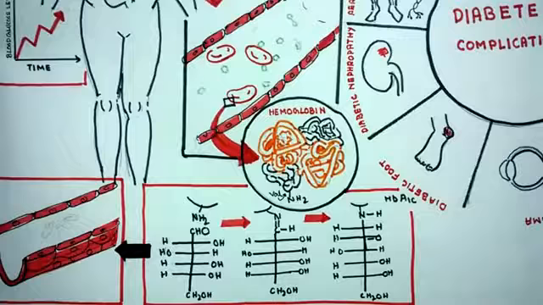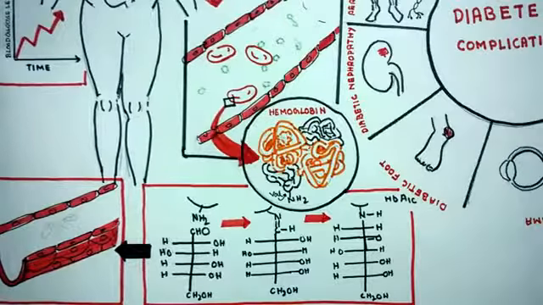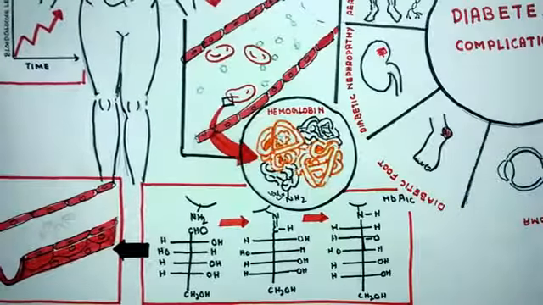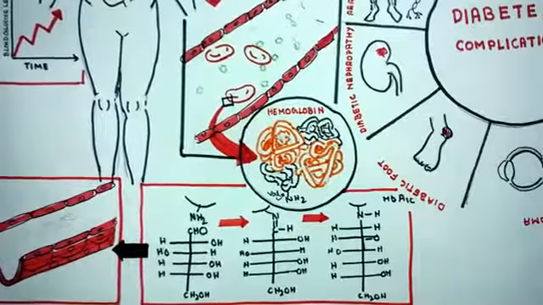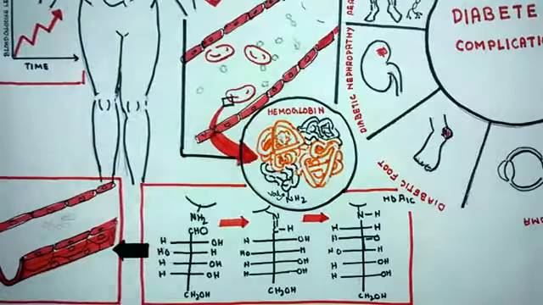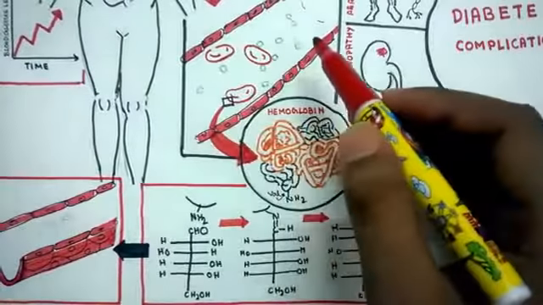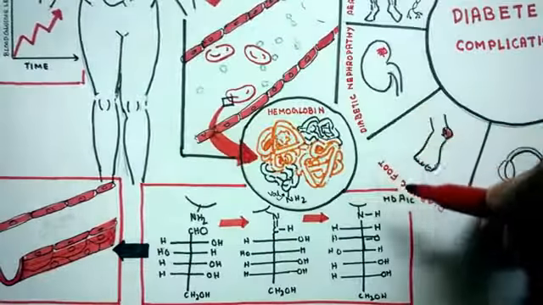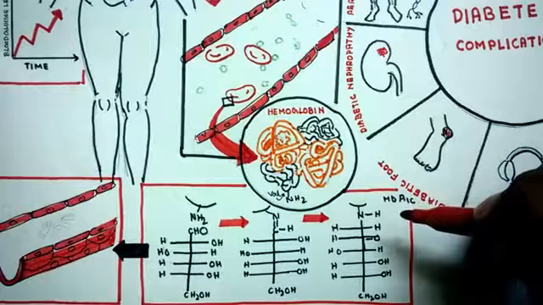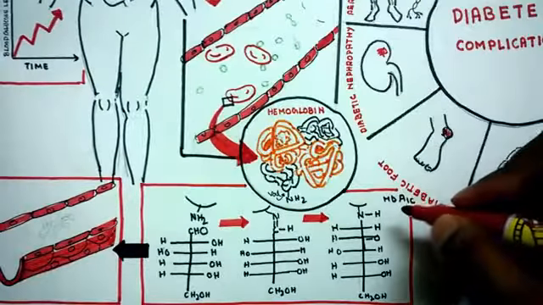With an increased glucose level in the bloodstream, that means the person has a prolonged hyperglycemic state. With the prolonged hyperglycemic state, there is a lot of glycosylation of these hemoglobins.